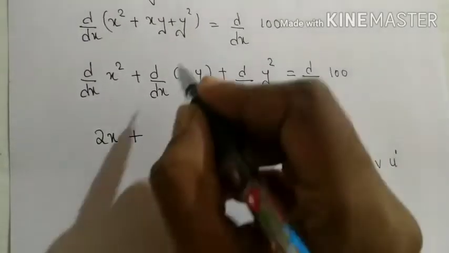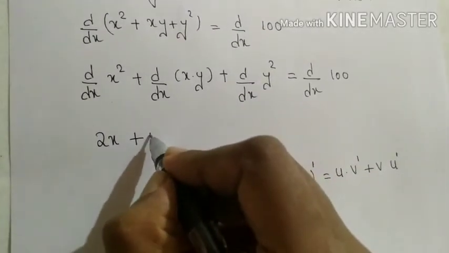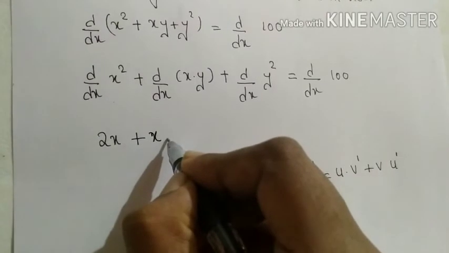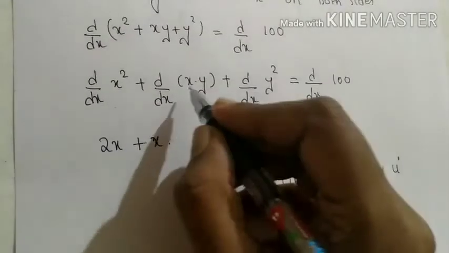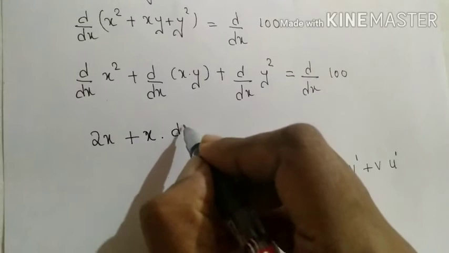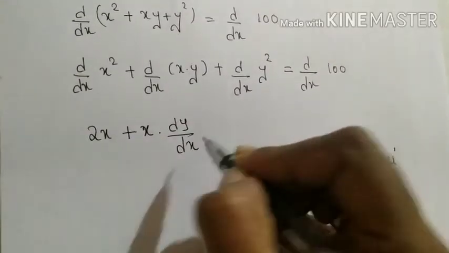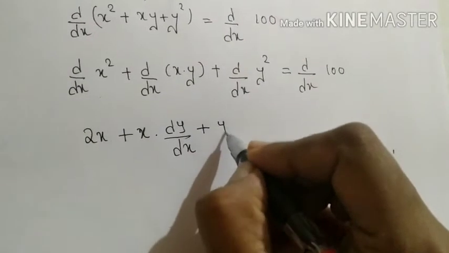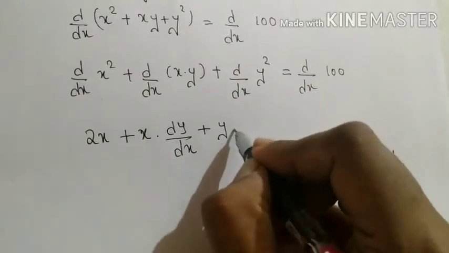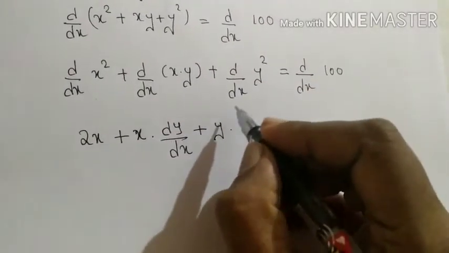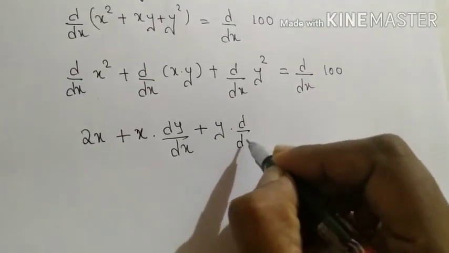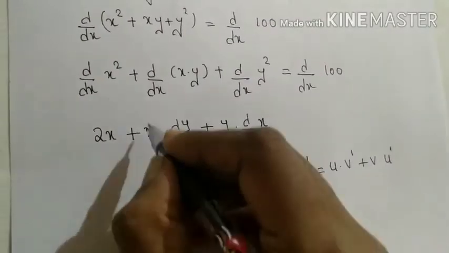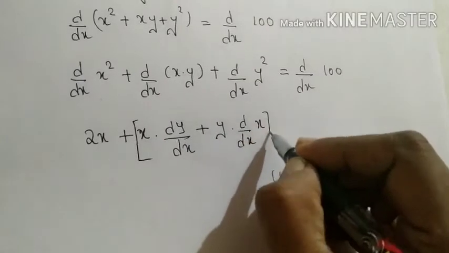So the first function is x here, times the derivative of the second function, that means dy by dx, plus the second function, which is y here, times the derivative of the first function. Okay. So here we are using the product rule.